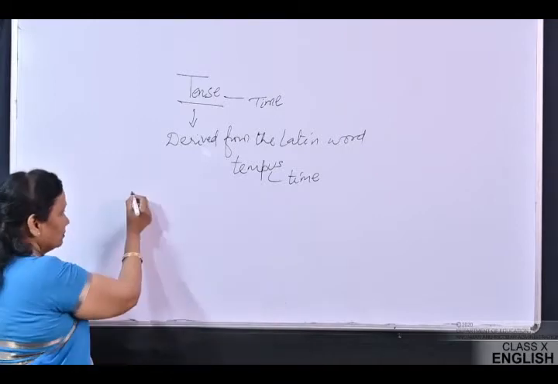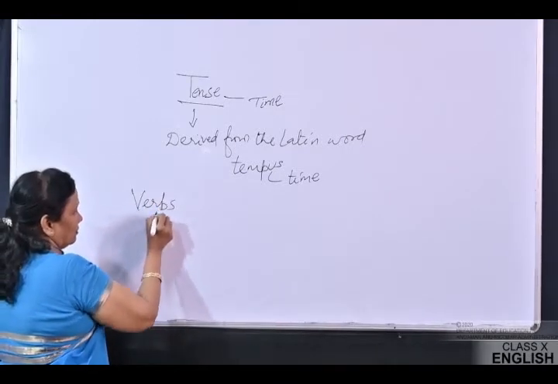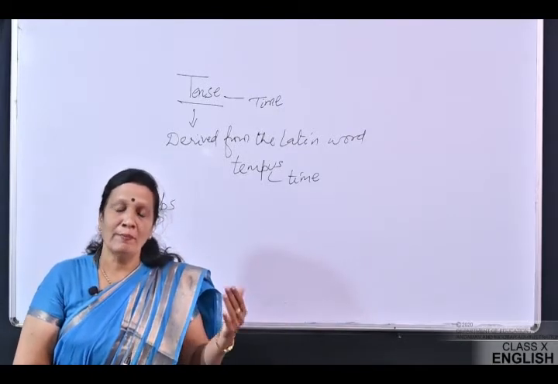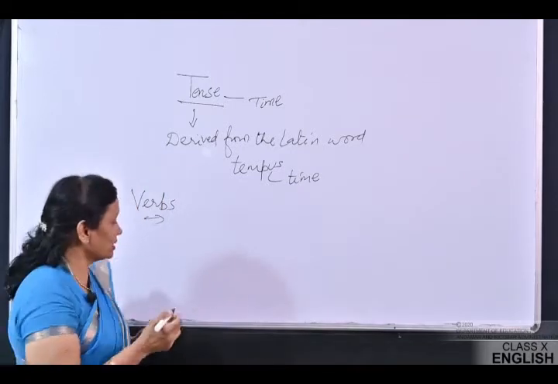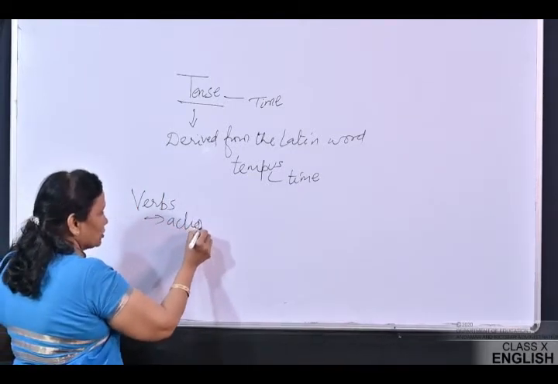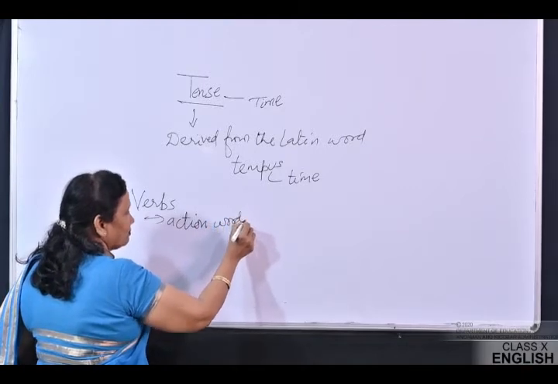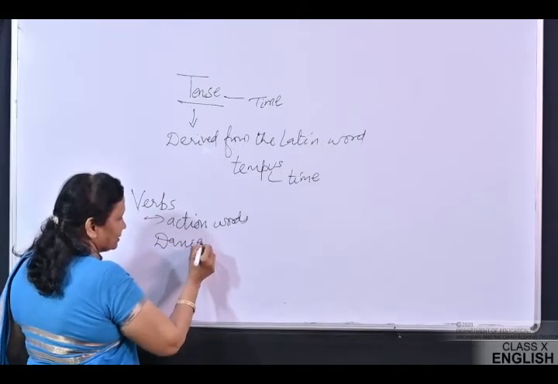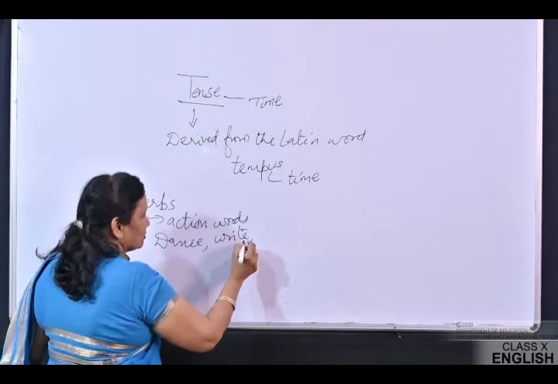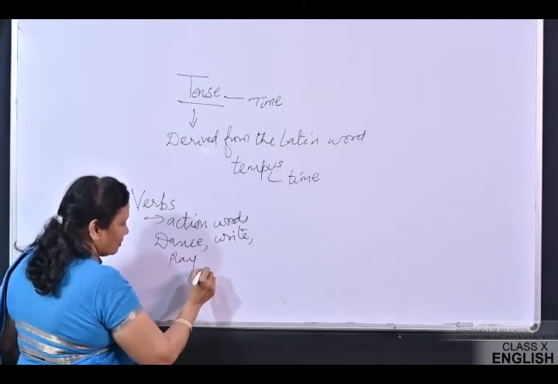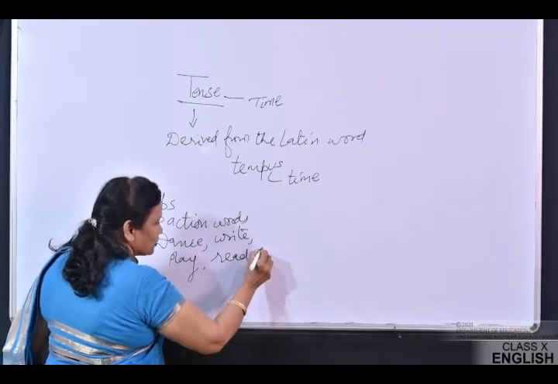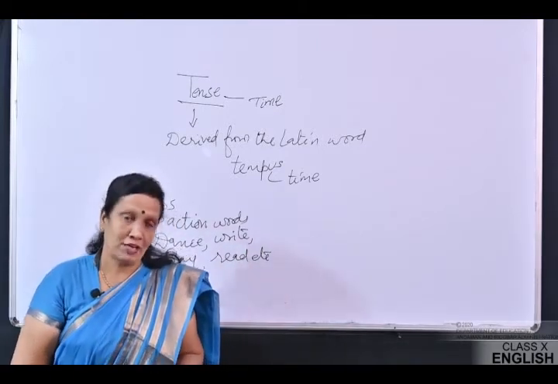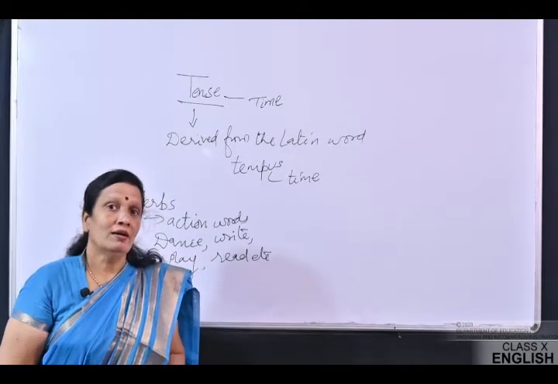verbs. Now you have learnt about verbs in your earlier classes. Now we know that verbs are action words. Okay, like dance, write, play, read, etc. The words which tell us about our actions, what we do, they are verbs.